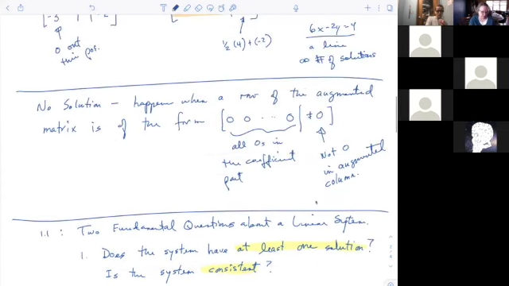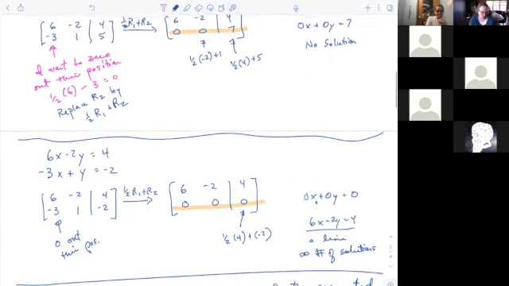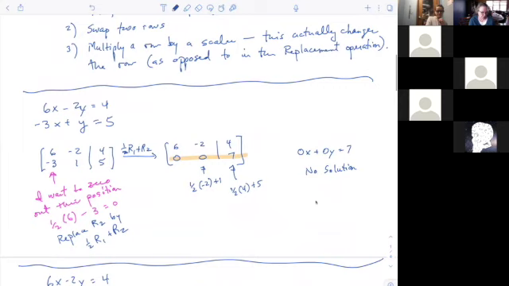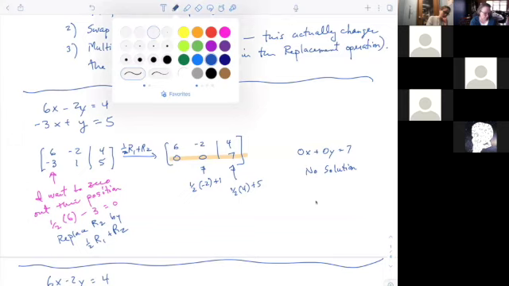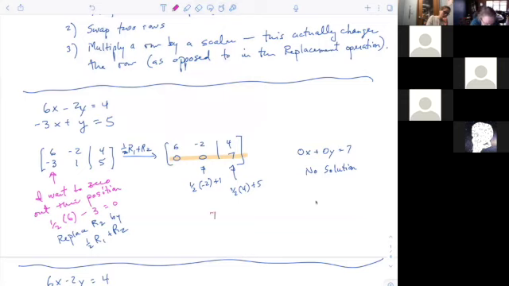So if we go back up here and look at this system, we would get to this point and say, there's a row of the form 0, 0, not 0. That implies no solution, or inconsistent.